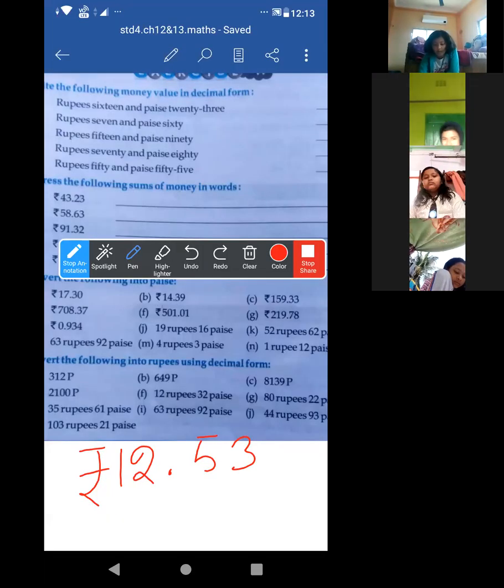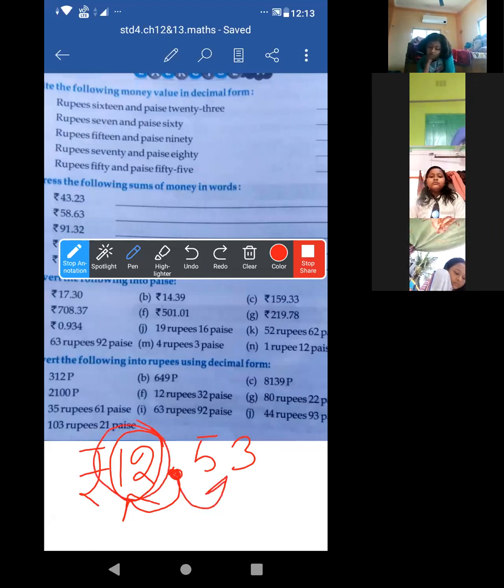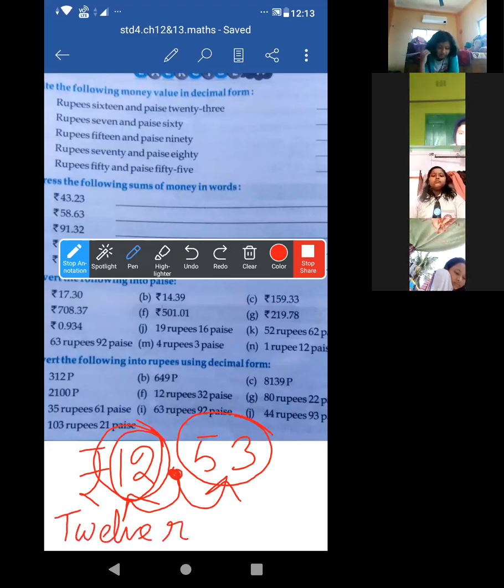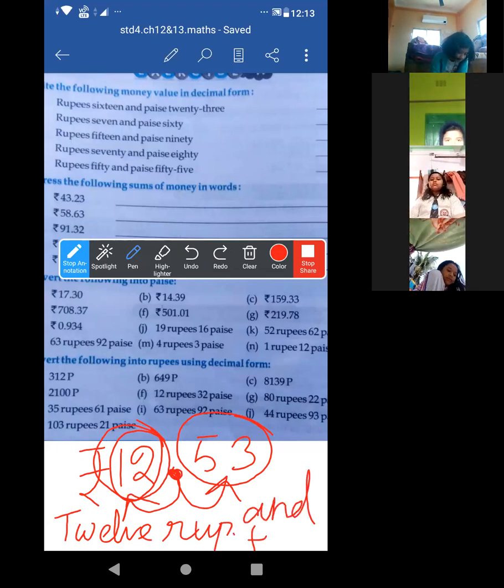It means 12 rupees. Okay, before the decimal point, what is present? That is known as rupees. And after the decimal, what is present will be known as paise. That means it is 12 rupees and 53 paise.